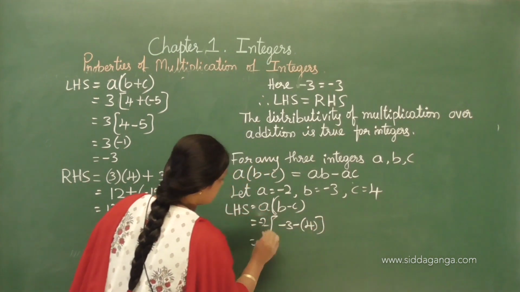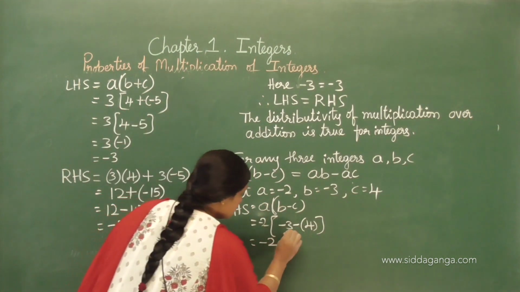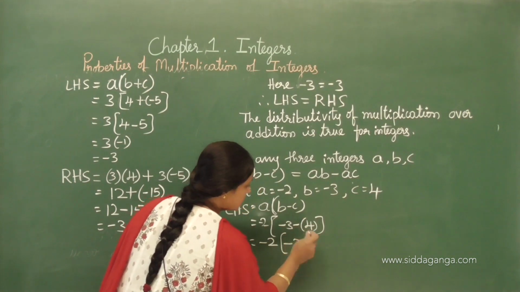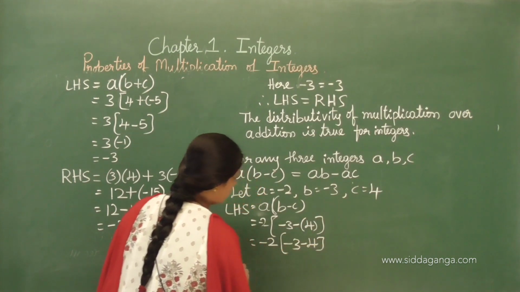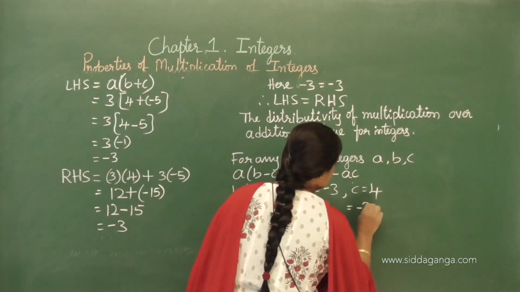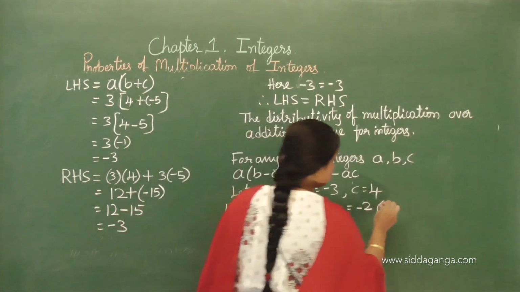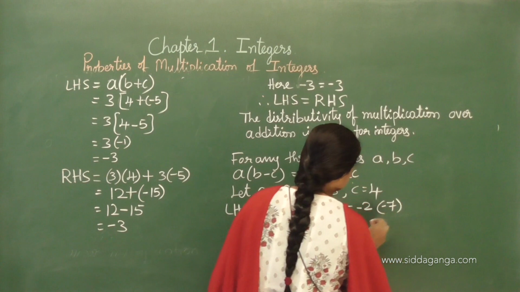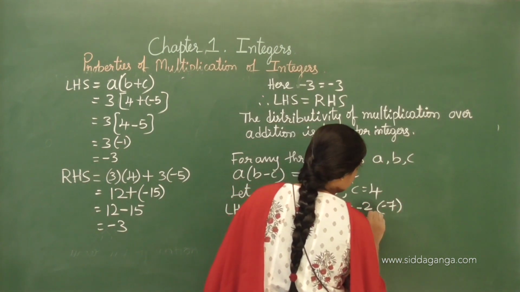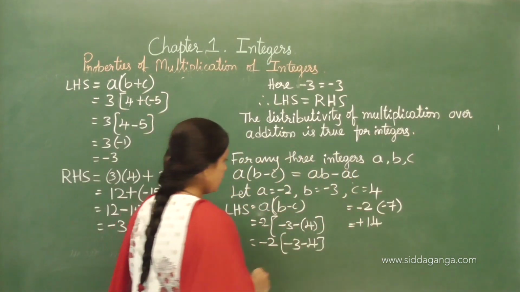Then that is equal to minus 2, keep minus 2 as it is. What is in bracket? It's minus 3, minus into plus is minus 4. Then that is equal to minus 2 into, in bracket, we get minus 3 minus 4 is minus 7. Then minus into minus is plus, 2 sevens are 14. For LHS we got plus 14.